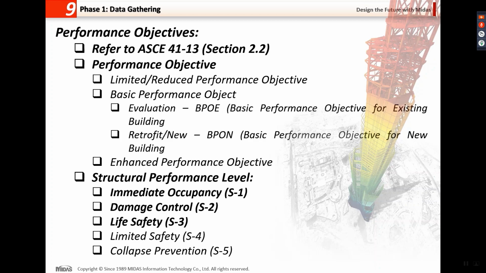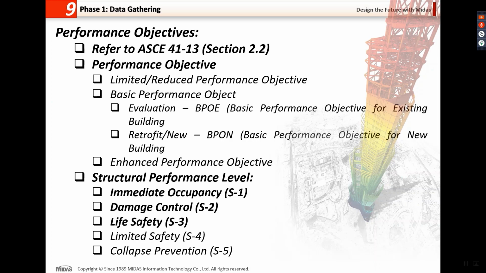For immediate occupancy, after an earthquake, the structure will still be fully operational. Whereas in life safety, the post-earthquake damage state is one in which the structure has damaged components but retains a margin against onset of partial or total collapse.